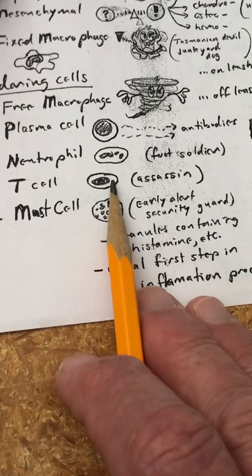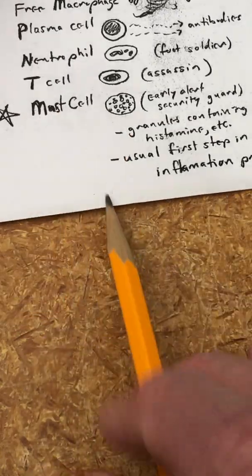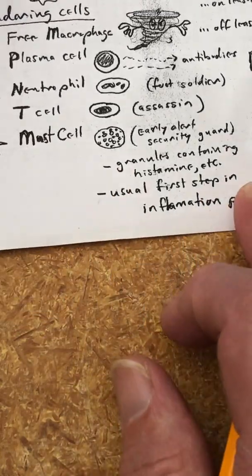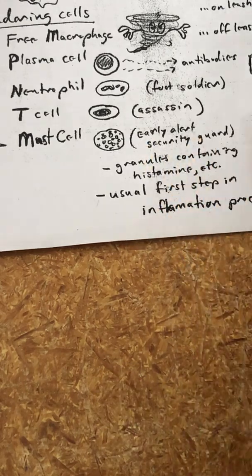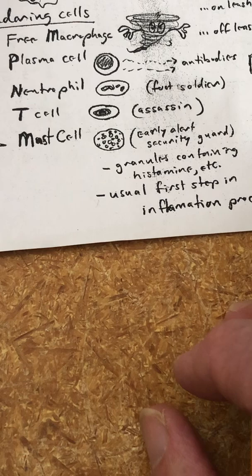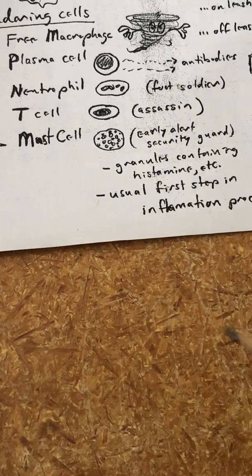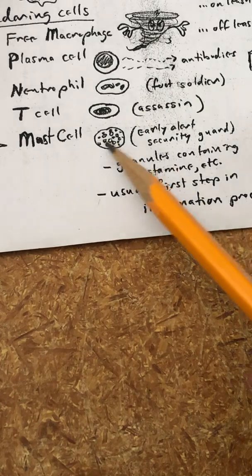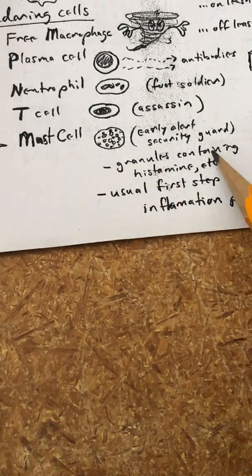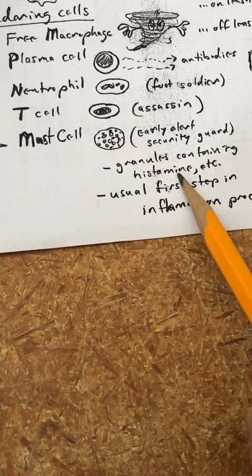And the last general character right here is called a mast cell. And the mast cell is a type of white blood cell that's part of your early alert security guard kind of system. They don't necessarily attack something, but they do spread an alarm when something unusual happens. So they have granules inside their cytoplasm that contain a variety of chemicals, including histamine.